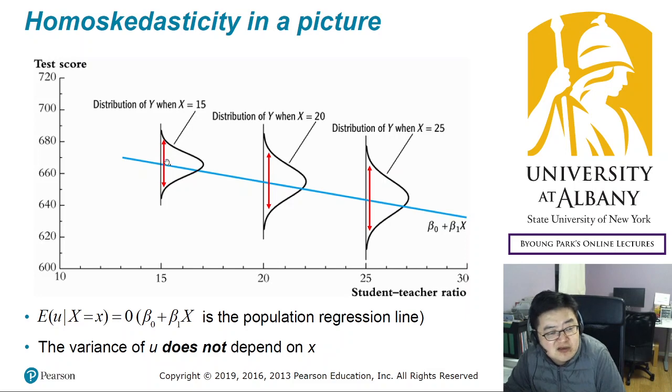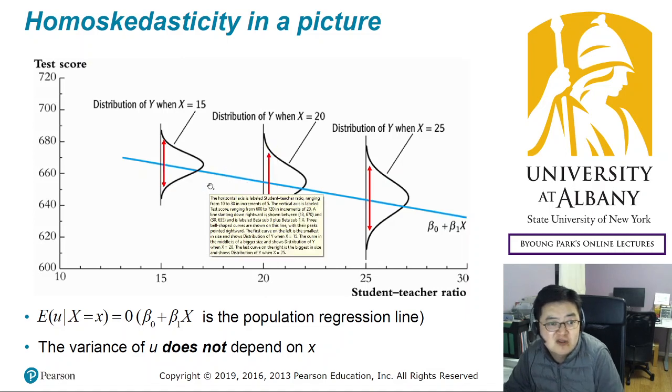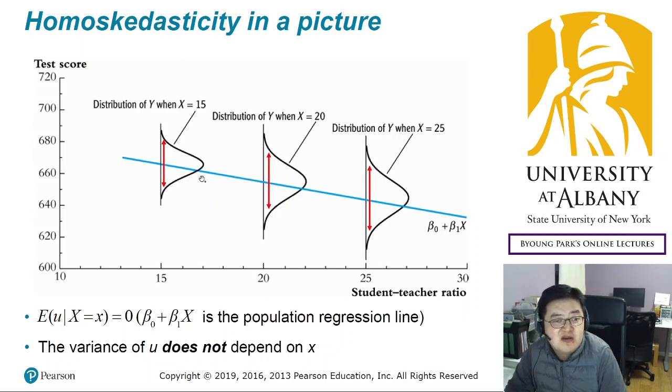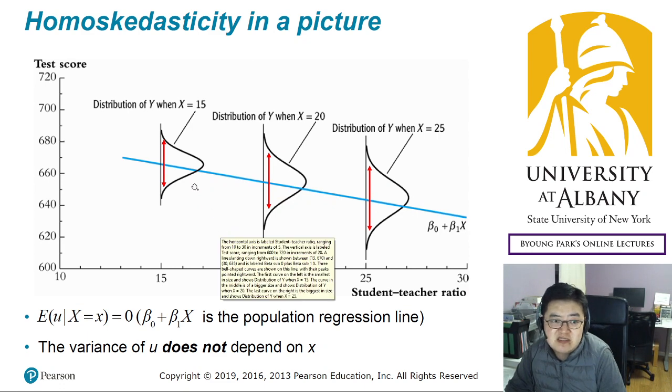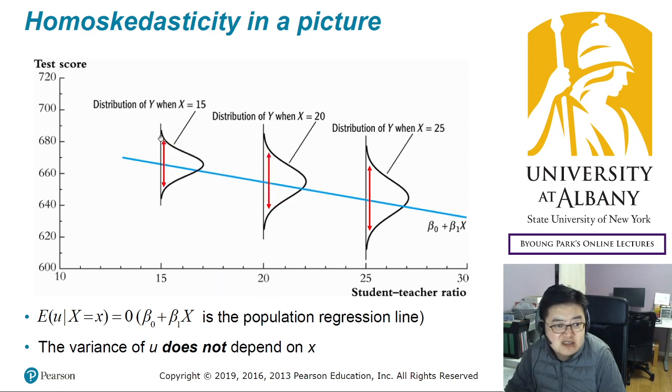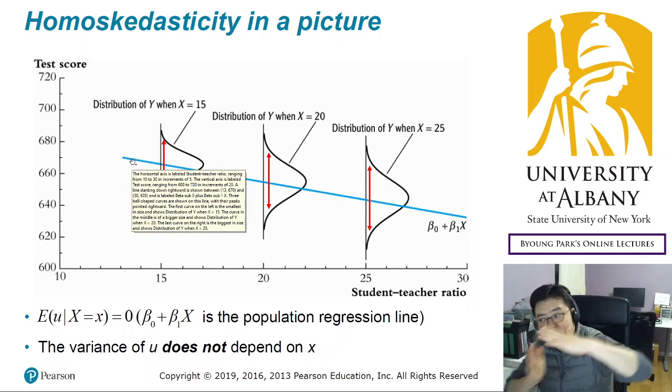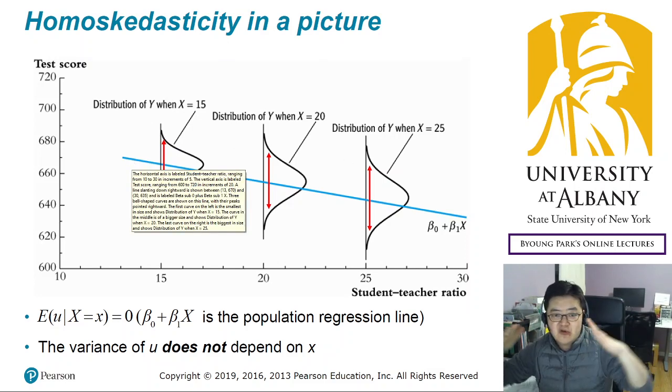But I don't think the picture shows a homoscedastic case, because when I first looked at the picture, I thought this was an example of heteroscedasticity, because this dispersion is smaller than this dispersion, and this is the largest dispersion. So I think it's clear the distribution becomes like so.